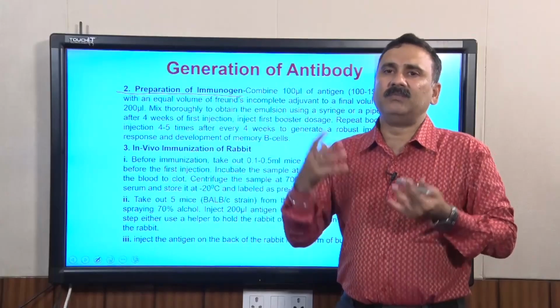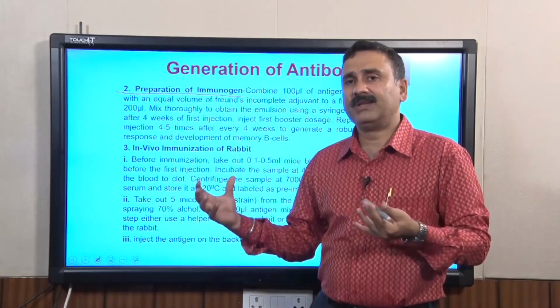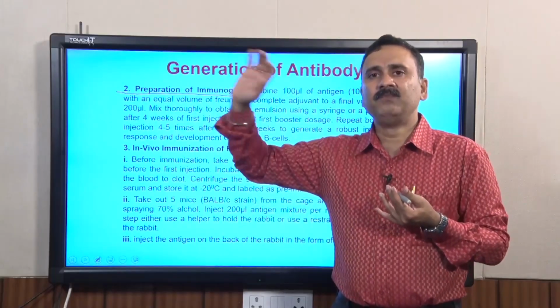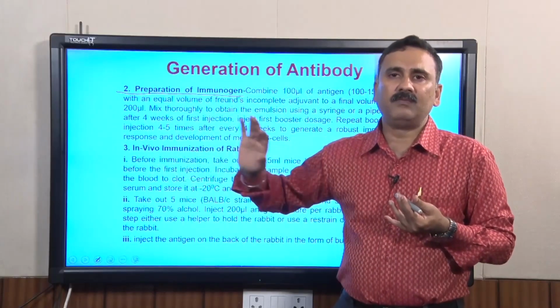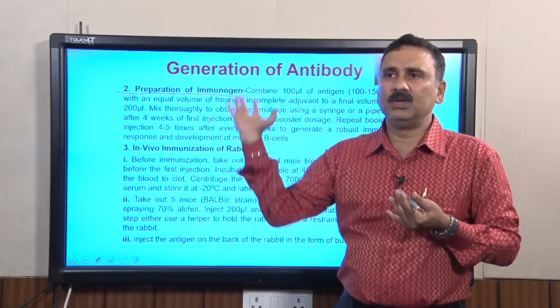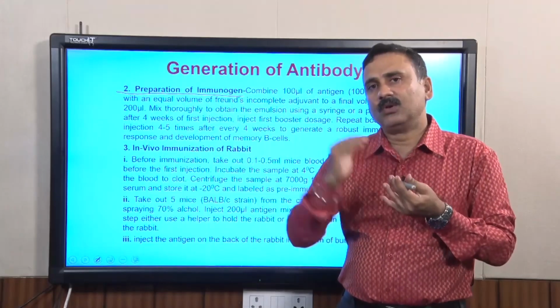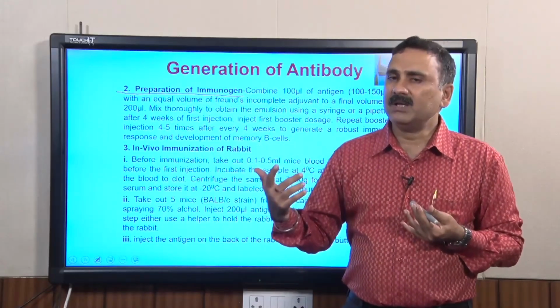Some of the B cells get matured into memory cells, which get stored in the system, and once the new immunogen or new antigen comes, those memory cells start producing the antibodies.